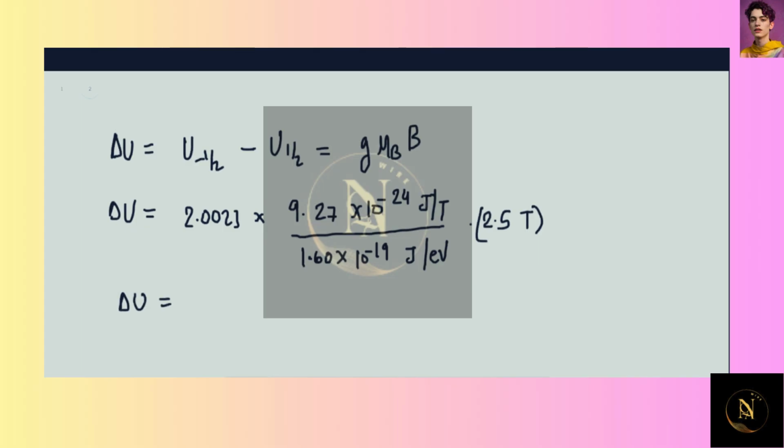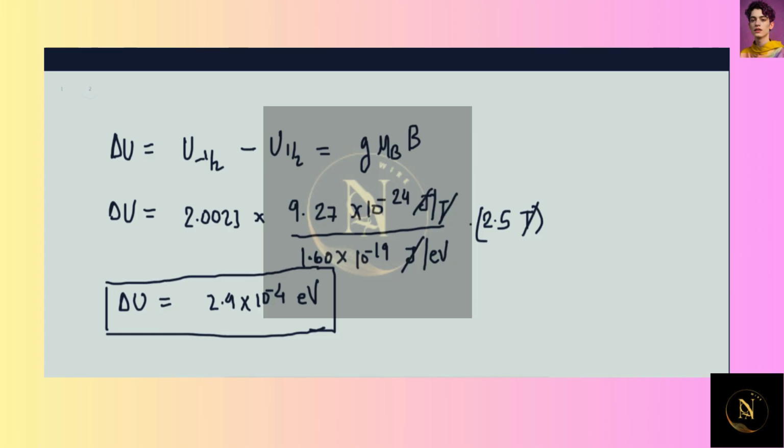So the difference in the energy level is 2.9 times 10 to the power minus 4. Joules cancel, Tesla cancel, and we get electron volts, which is the unit of energy.